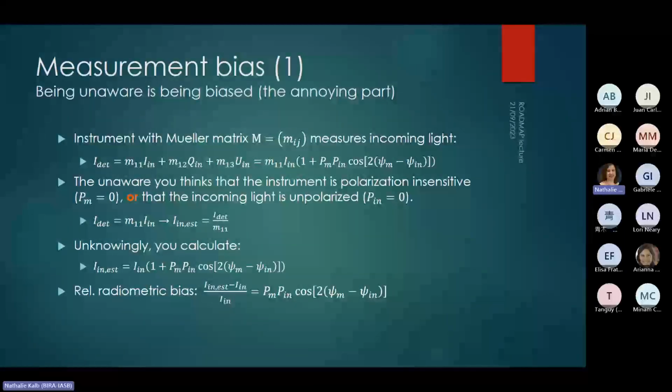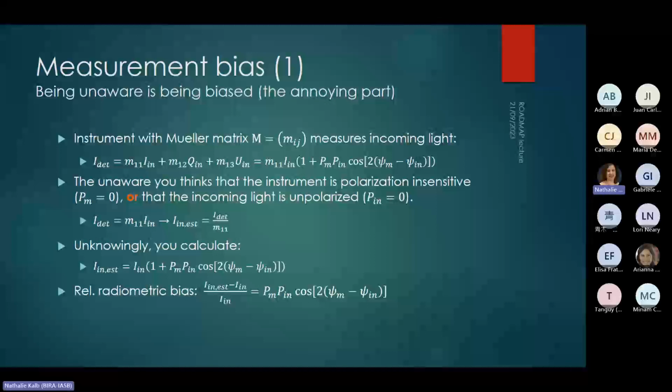I need to say something about measurement bias as well. Imagine a general instrument with a Müller matrix M. It measures the incoming light. So you take the first row of the Müller matrix, you multiply it with the incoming Stokes vector, you get M11 I_in, M12 Q_in, M13 U_in. In the Poincaré formulation, you get this.